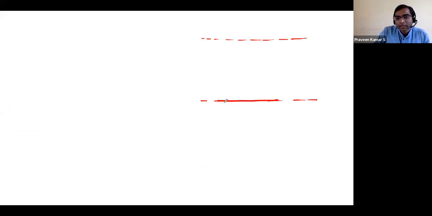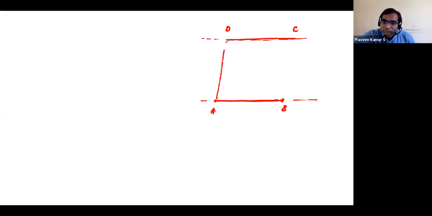So we are taking this segment AB, and then you take another segment which is of equal length, DC. And now if you are joining these two, okay, now the result is a parallelogram.